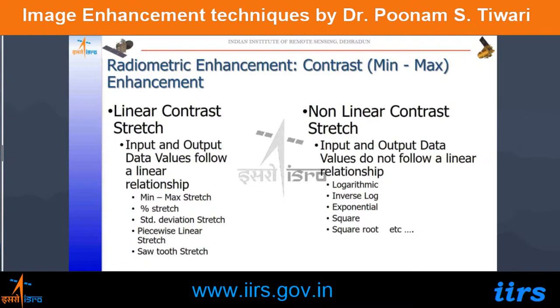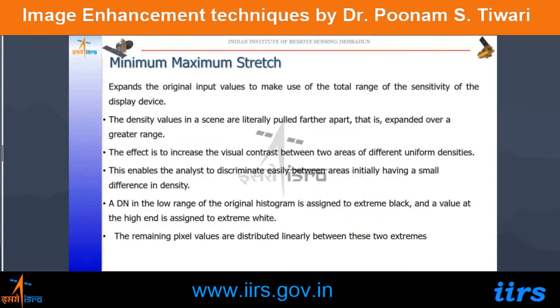So as we have already discussed, a DN value or pixel in the low range of the original histogram is assigned to extreme black, is given a new value of 0, and a pixel in the brighter area is assigned to extreme white. The remaining pixel values are distributed linearly between these two extremes.